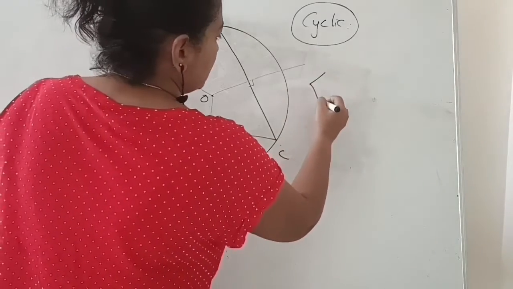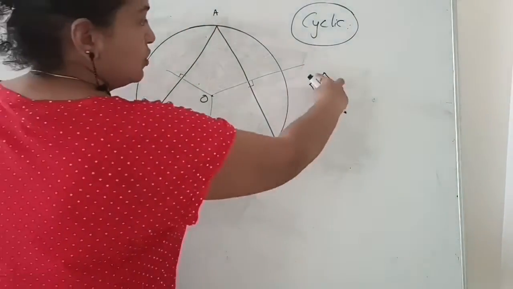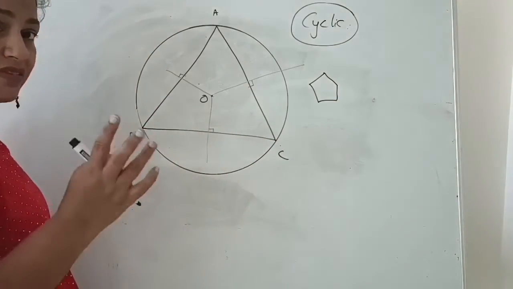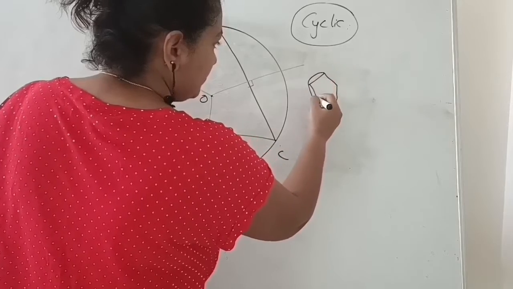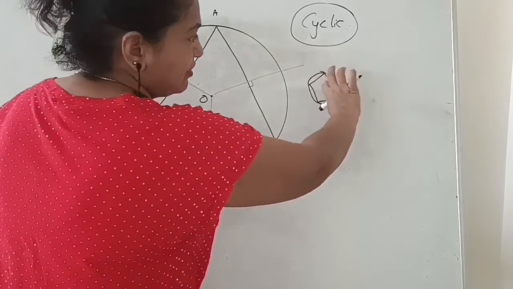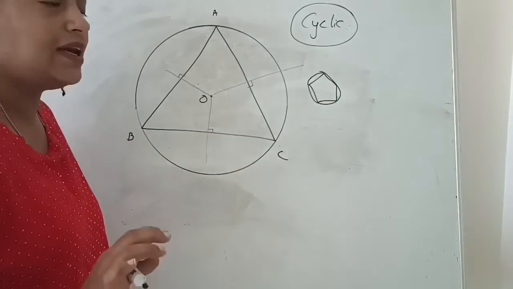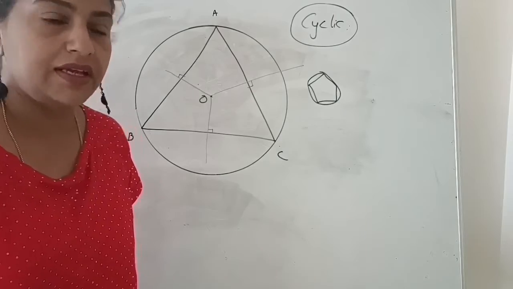Suppose I have got a polygon like this. It is a 5-sided polygon, which is a pentagon. I am drawing a circle in such a way that it is touching all the vertices of the polygon. It is not a proper circle, but yes, it is touching all the vertices. I can say that this particular pentagon is a cyclic pentagon, right?